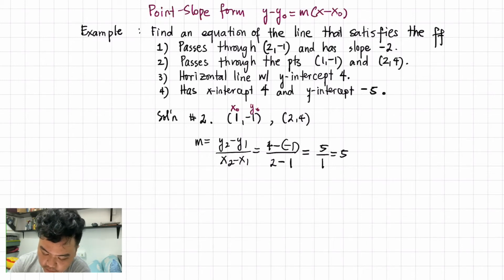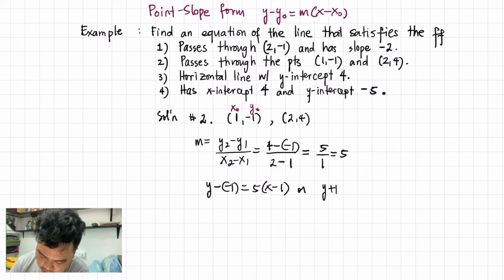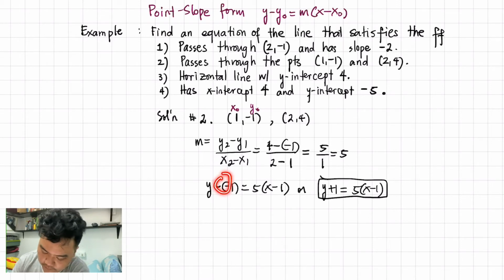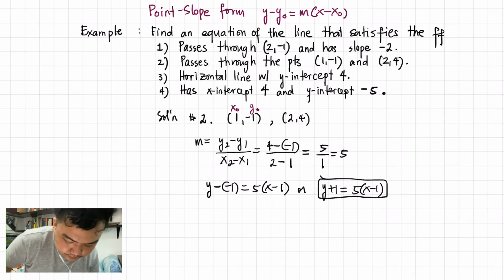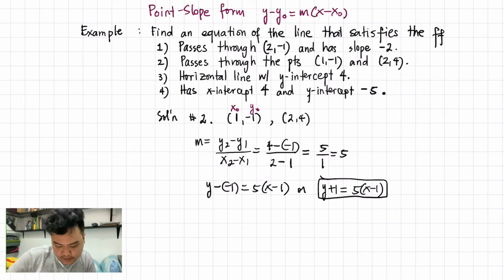So the point slope form, or an equation of the line, is y minus y naught equal to m times x minus x naught, or y plus 1 equal to 5 times x minus 1, because minus negative means plus. Okay, is that clear?